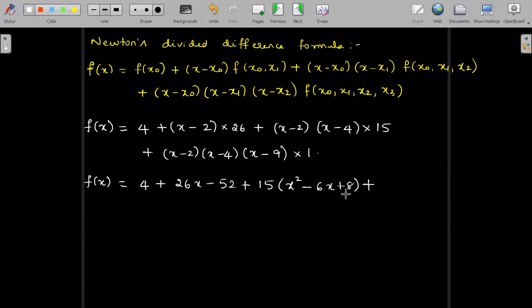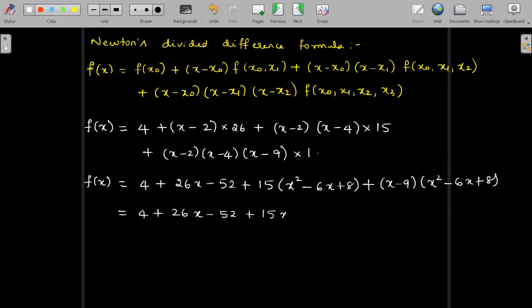Now the same product I can use here: x square minus 6x plus 8, and that is multiplied with x minus 9. x minus 2 into x minus 4, just now we performed here, and it is x square minus 6x plus 8. Same thing I have obtained, multiplied by x minus 9. So the way of simplification is left to each individual.